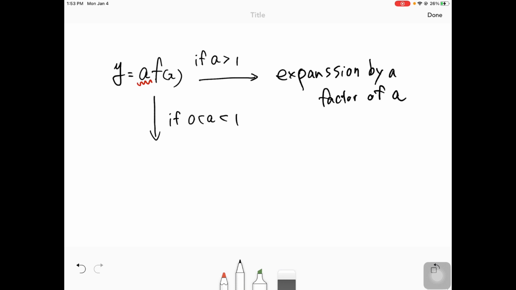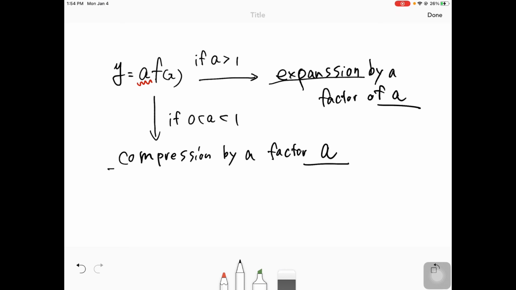On the other hand, if the value of a is smaller than 1 and bigger than 0, it's going to be compression by a factor of a. So please remember these two terms, expansion and compression. And this one is important, by a factor of a. That's it.